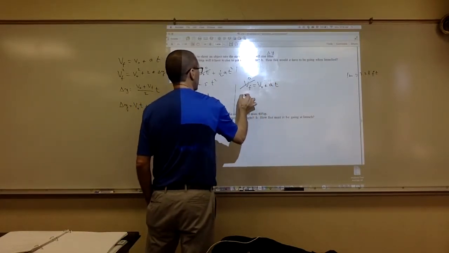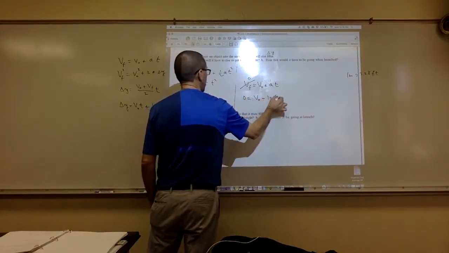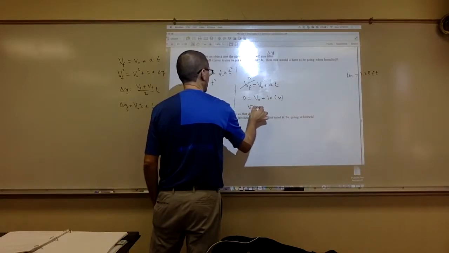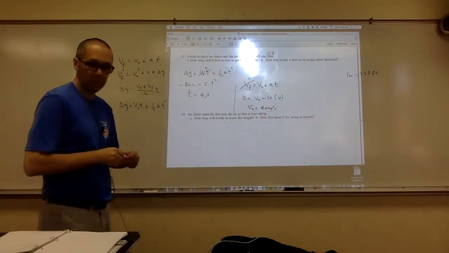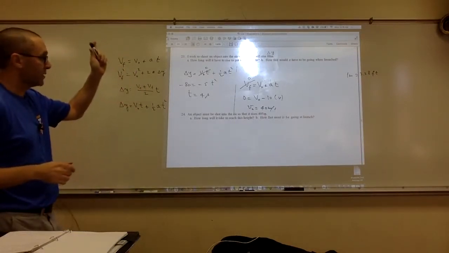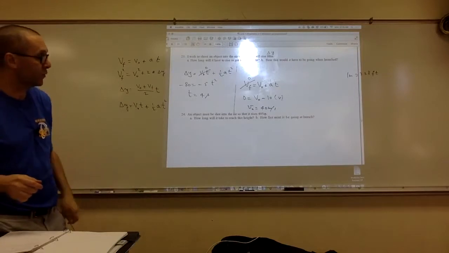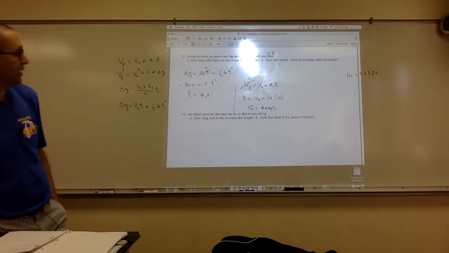This is 0 at the top. This is V0 minus 10 times 4. So V0 should be 40 meters per second. And you could do that conceptually. It took 4 seconds to get up to the top. It means you had to fight it with 40 meters per second because every second you're losing 10 out of the 40.